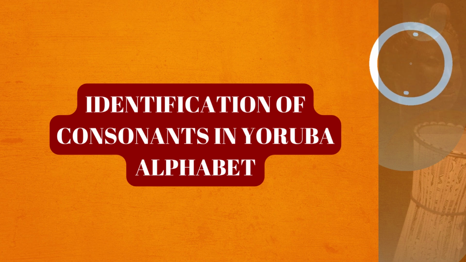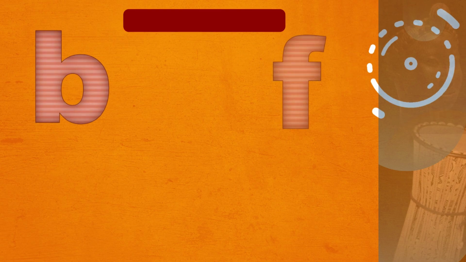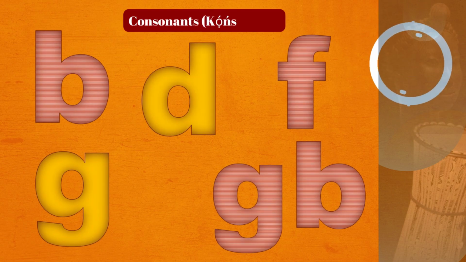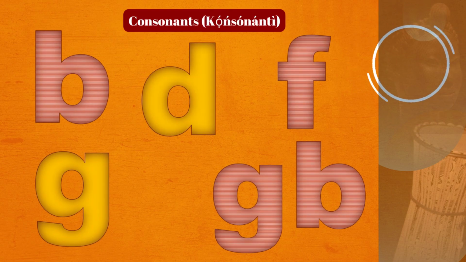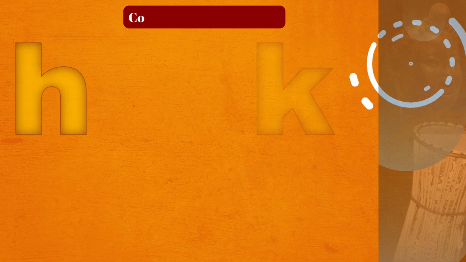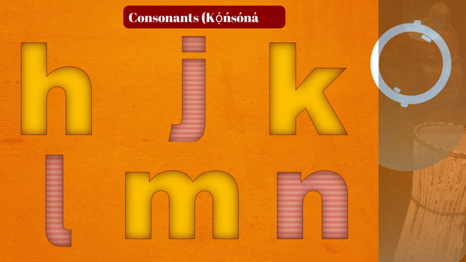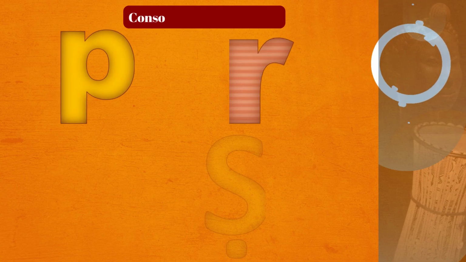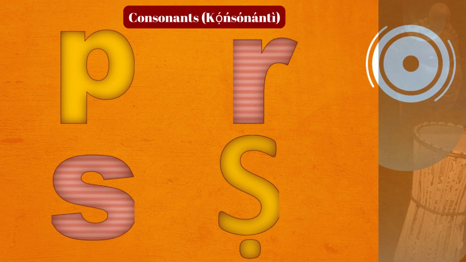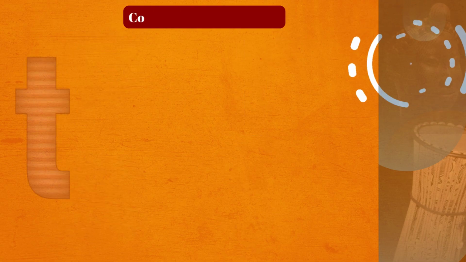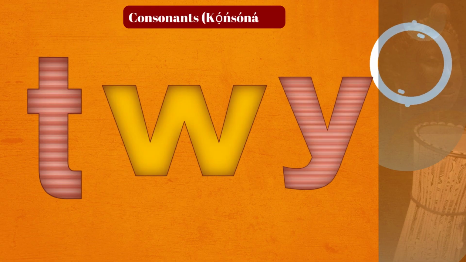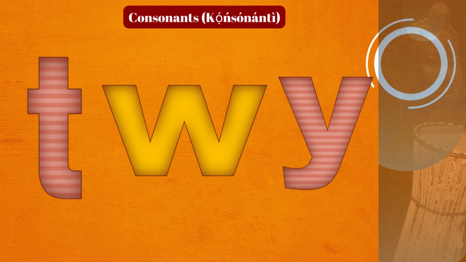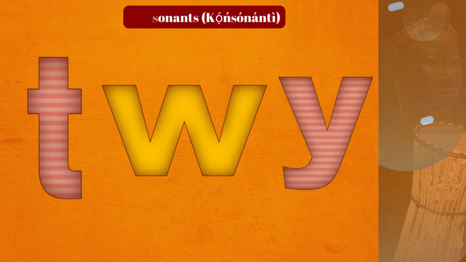Ní consonant a ní B, D, F, G, Gb, H, J, K, L, M, N, P, R, S, Ṣ, T, W, and Y. Those are the consonants in Yoruba alphabet.